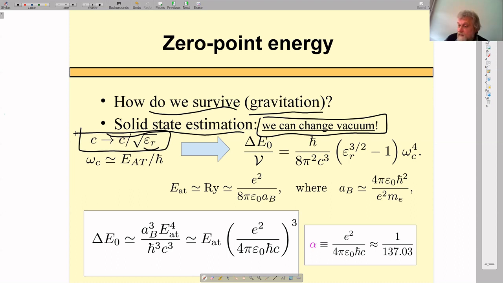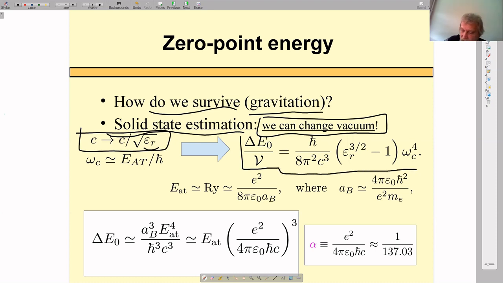So we can compute the difference of the energy upon changing the vacuum. Here's the formula.